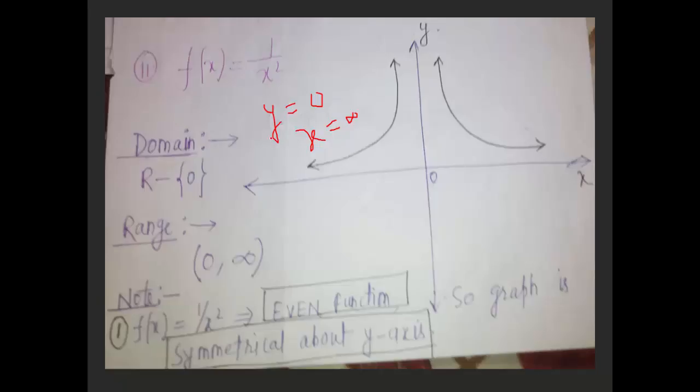So the range is, or y can take all the values which lie between 0 to infinity, but not 0 and not infinity. So the range is (0, infinity). The first bracket means excluding 0, and the last bracket also means excluding infinity. That means all the values of y that lie between 0 to infinity form the range.